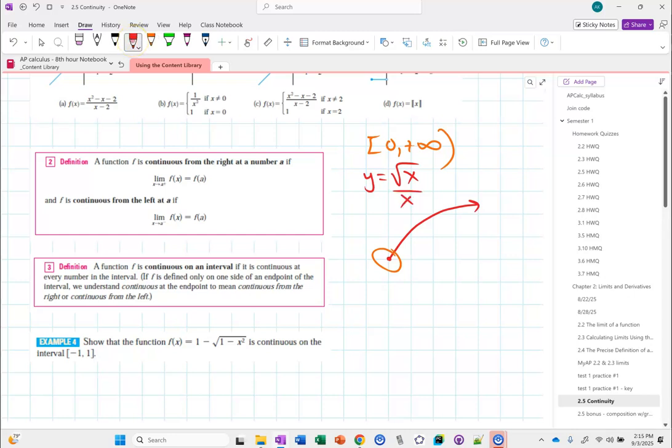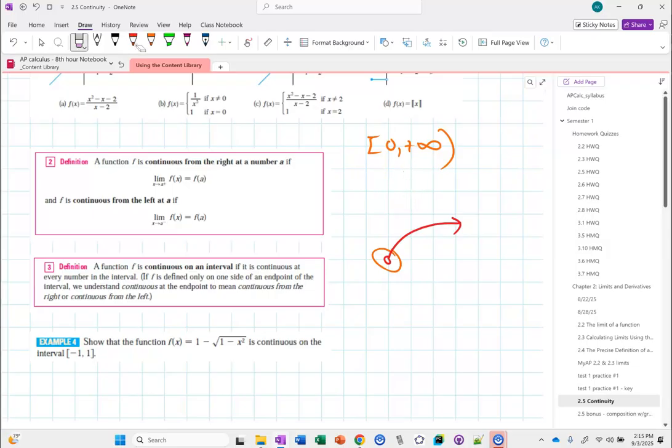Now if it was like this, and it's open, that should not be continuous at 0, right? Yeah. We wouldn't want that because it's an open circle there, that doesn't exist. f of a doesn't exist, so it should not be continuous there. You guys see the distinction? So that's all this extra definition is doing.